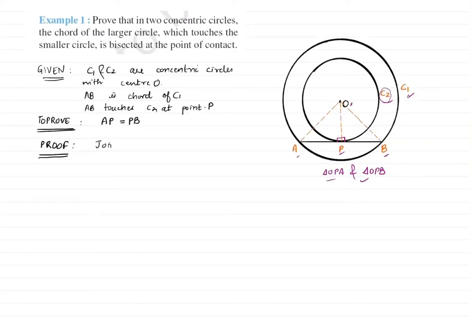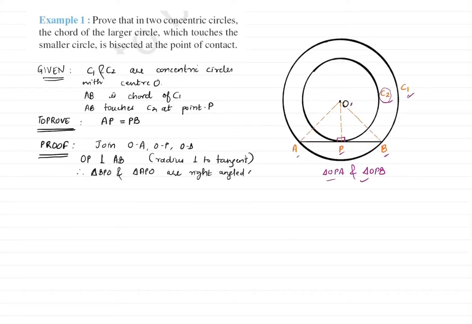So we'll begin by joining OA, OP, OB. OP is perpendicular to AB, radius perpendicular to tangent, or you can also write theorem 10.1. Therefore, triangle BPO and triangle APO are right angled triangles, right?